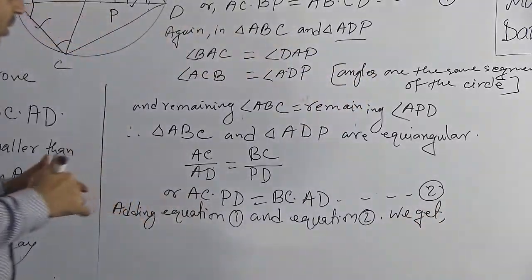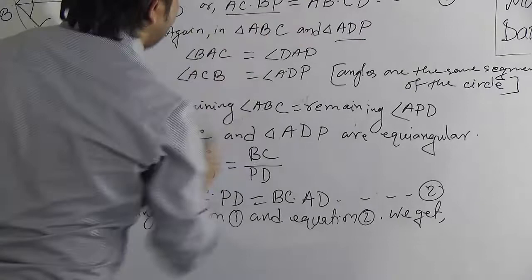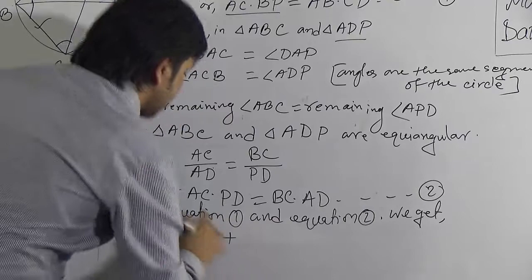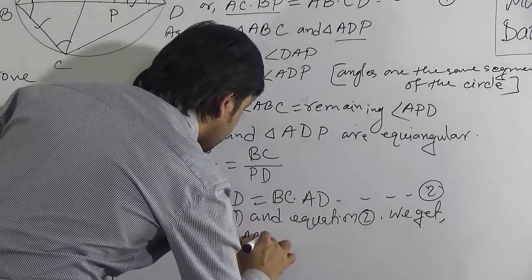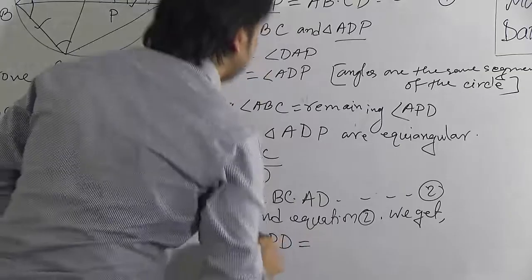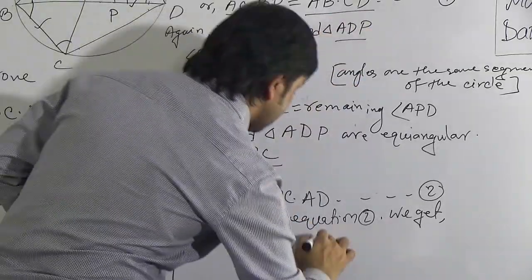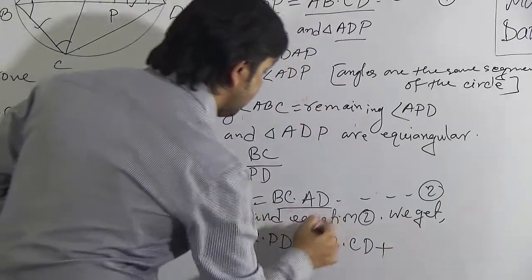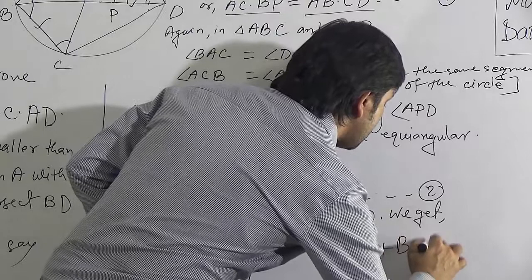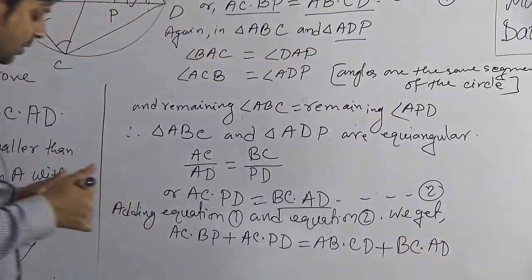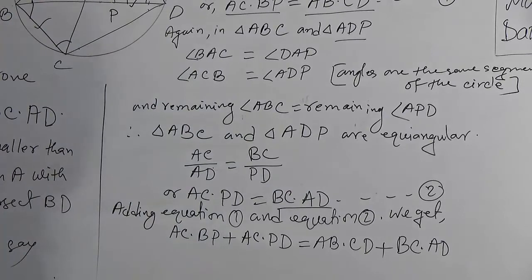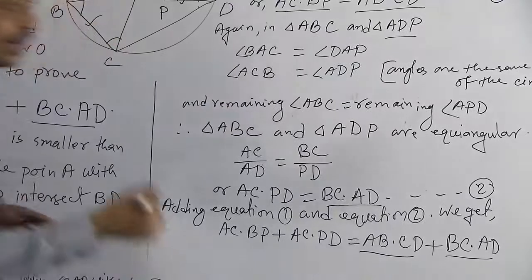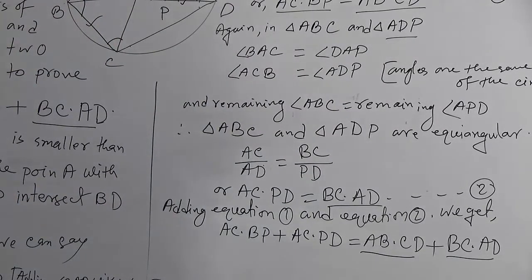On the left side we get AC into BP plus AC into PD, equal to AB into CD plus BC into AD on the right side. Okay dear students, the right side has already matched: AB into CD plus BC into AD.